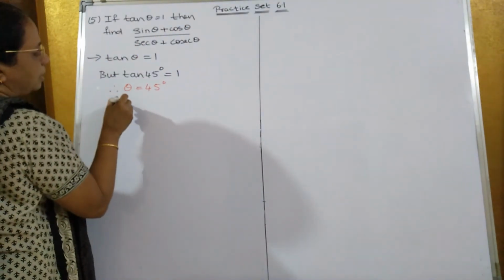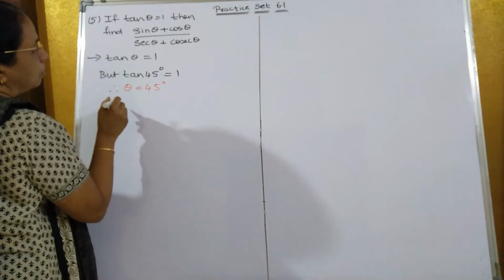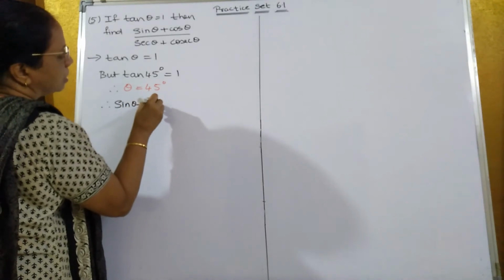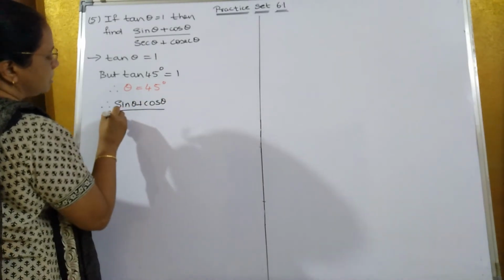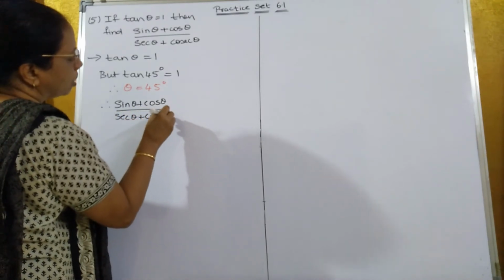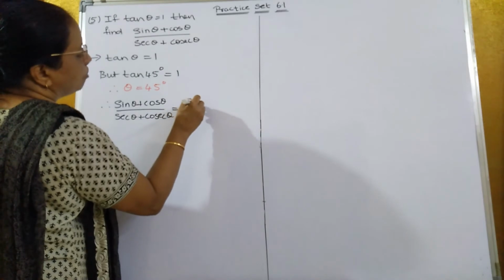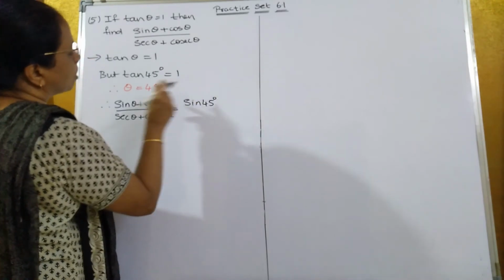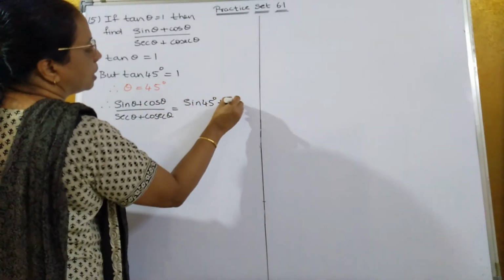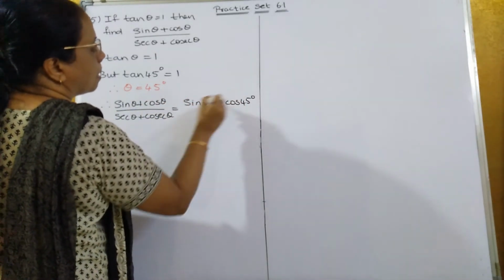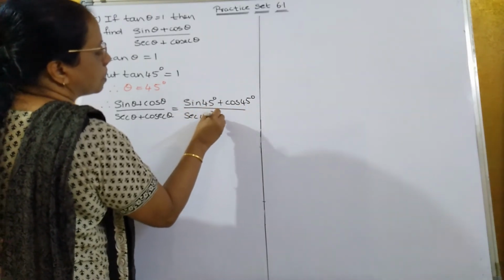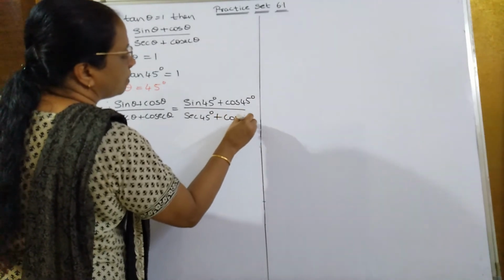So (sin theta plus cos theta) upon (sec theta plus cosec theta) will become (sin 45 degree plus cos 45 degree) upon (sec 45 degree plus cosec 45 degree).